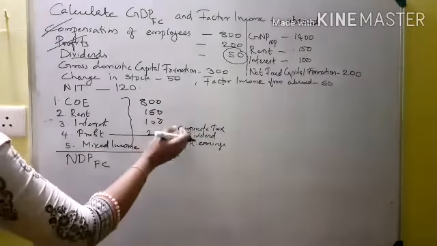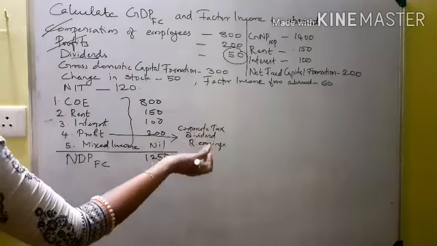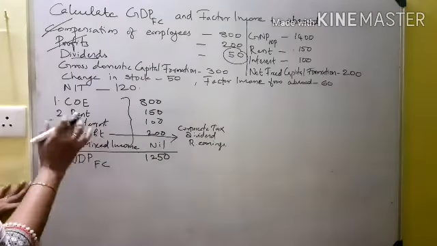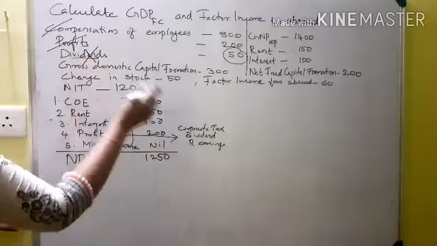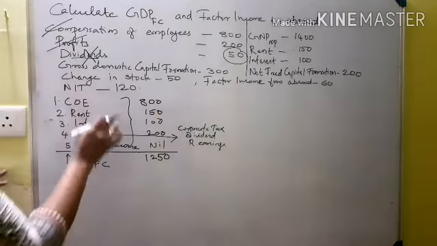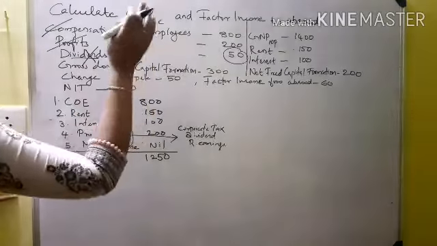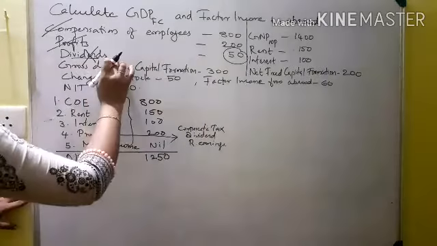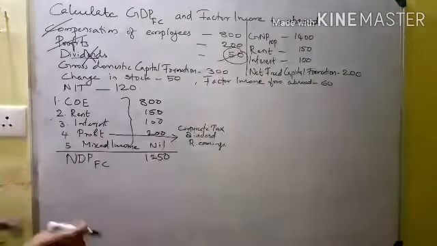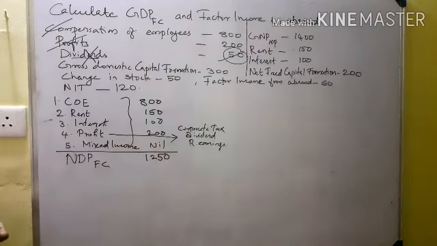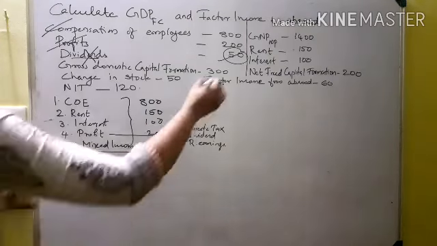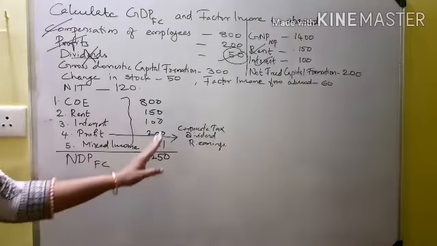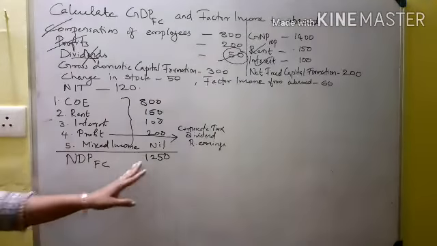If any of these elements is given additionally along with the profit, you need not consider it, because dividend 50 is already included in the profit 200. So no need to take this value 50. Rent and interest we already took.